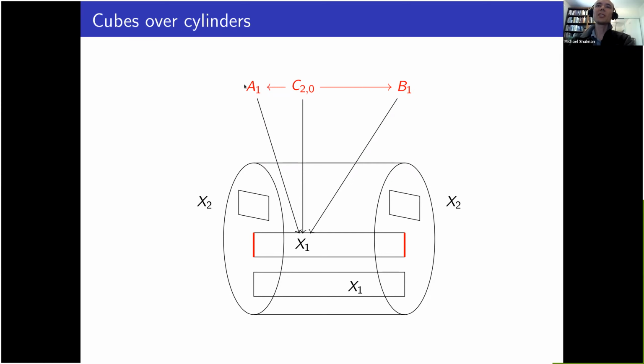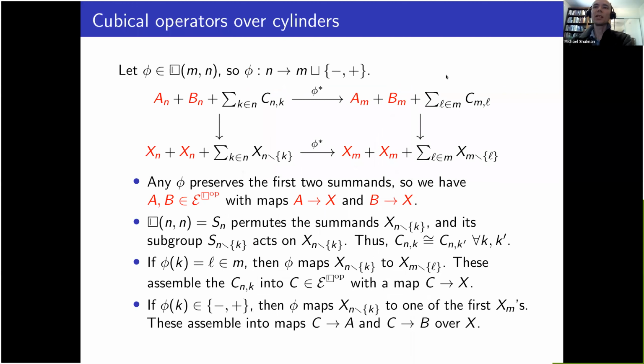And these are essentially going to assemble into a map of cubical objects from this C to A and to B. So this is all written out in words, which is maybe even harder to understand. I've got a map from A to X and B to X on one side, and then I have these isomorphisms on the C's.